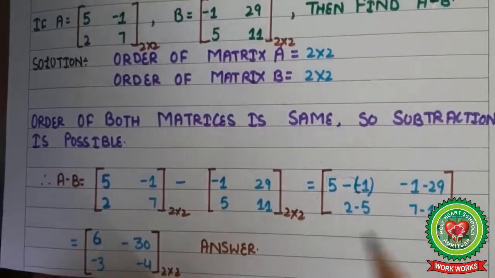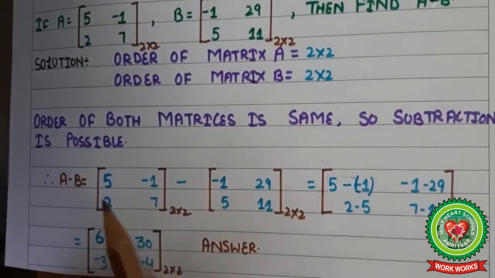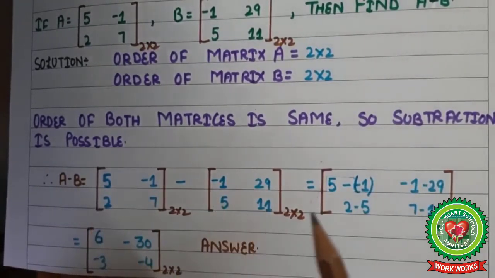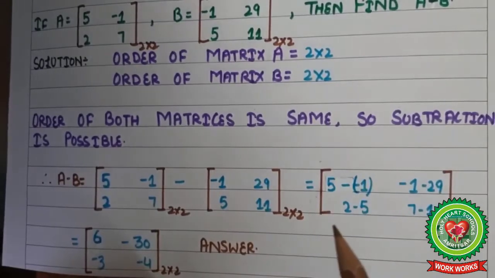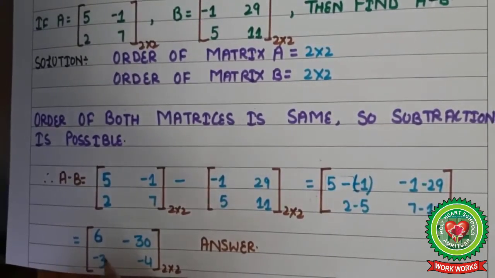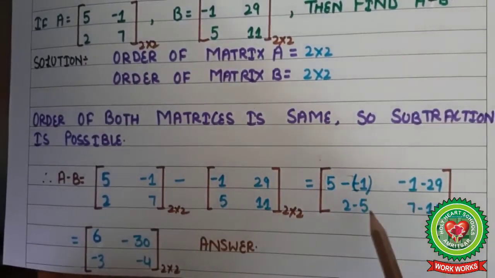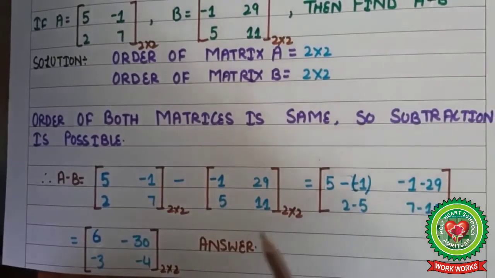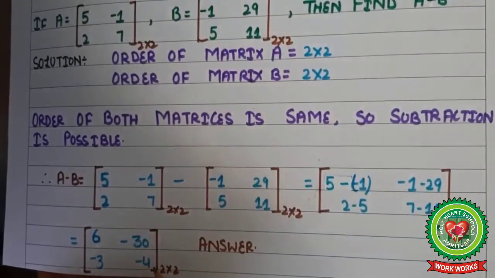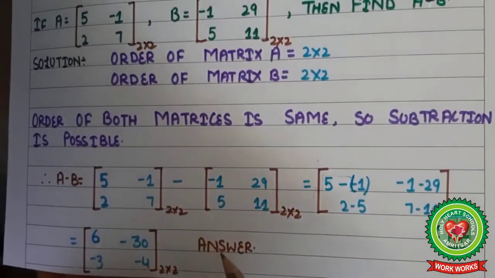Minus minus, sign of minus, add the numbers. Minus 30. Then 2 minus 5. Plus minus, sign of bigger term, subtract the numbers. Answer is minus 3. Then 7 minus 11. Plus minus, sign of bigger term, subtract the numbers. Answer is minus 4. So after subtraction, we'll get this as the answer.